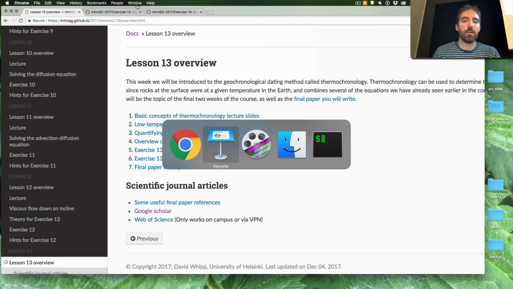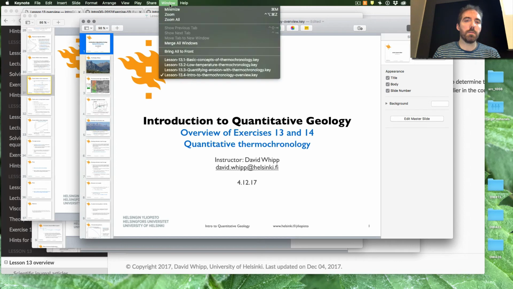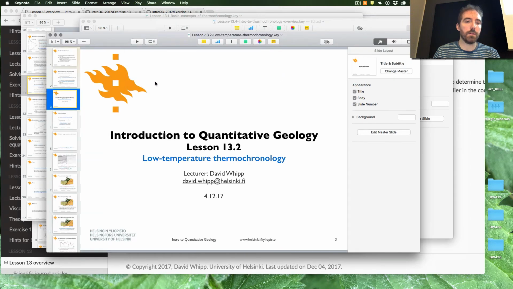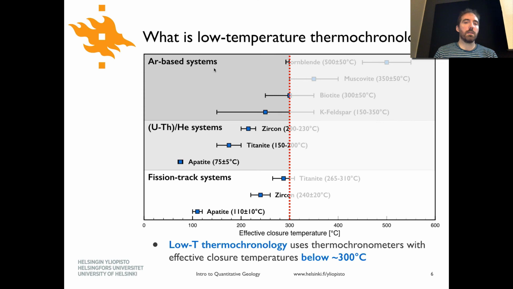I'm not going to present those things, in part just because it tends to be quite a lot of material to take in at once. But if you're interested, the lecture slides are up, and so you can go there and take a look at some different thermochronometers based on diffusion of argon or helium or fission tracks in apatite.